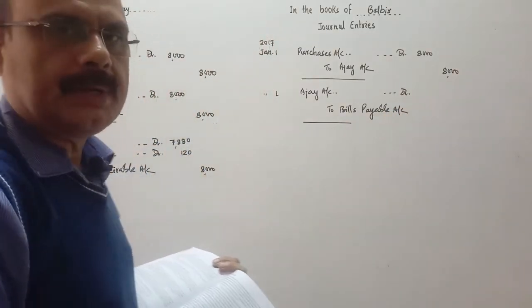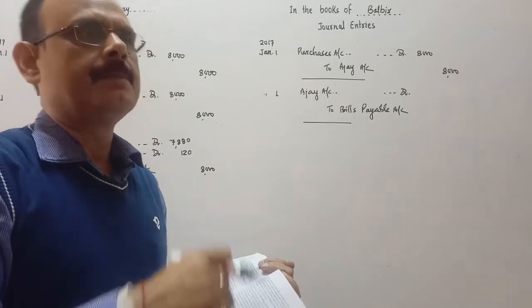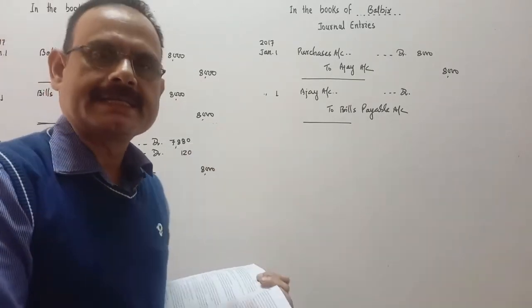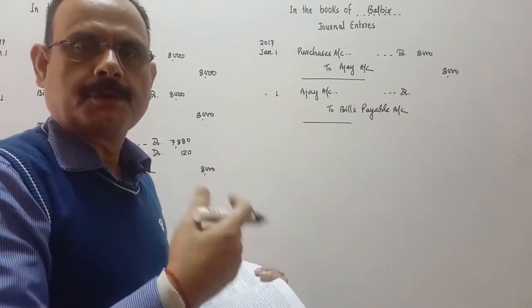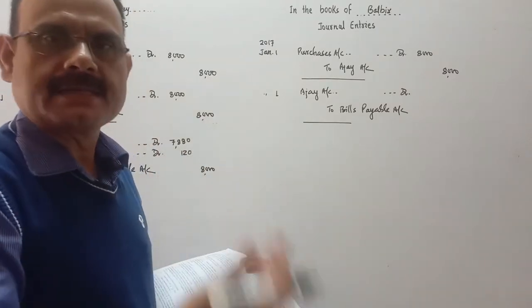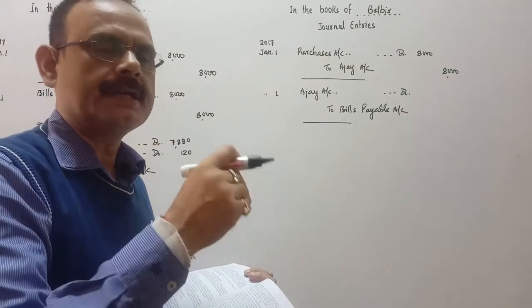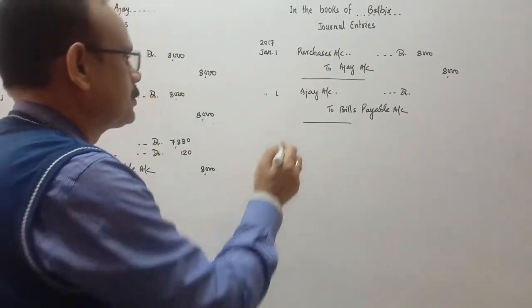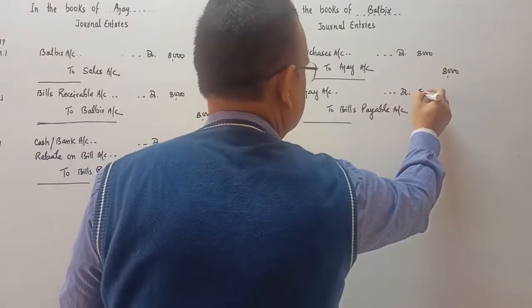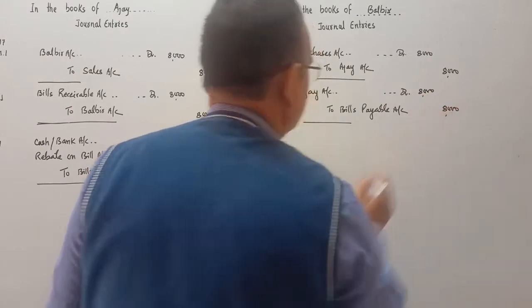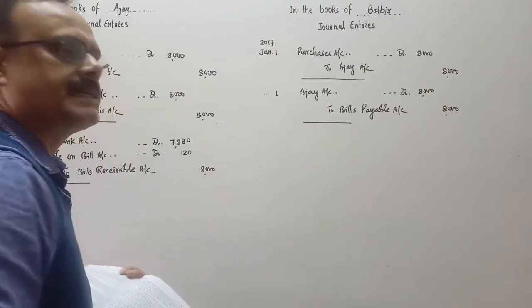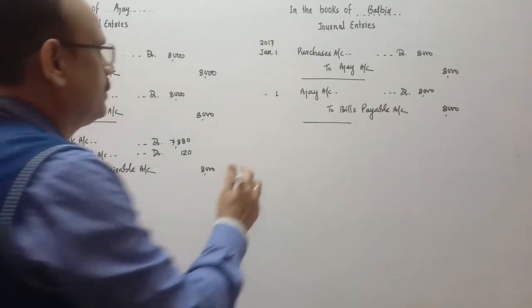When Balbir accepts the bill, the same bill becomes a liability for the acceptor. For the drawer it's an asset, but for the drawee it's a liability. So bills payable 8,000. Is it clear? When Balbir accepts the bill, he will write Ajay account debit to bills payable.